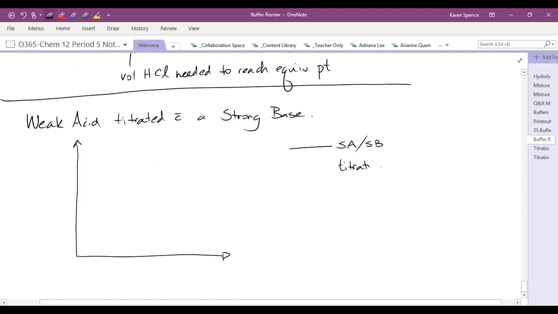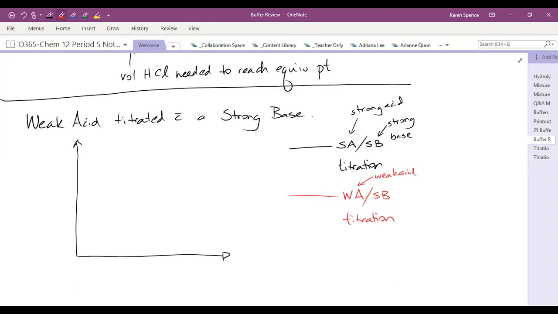And then we are going to also, for comparison, draw the weak acid, strong base titration. Okay.